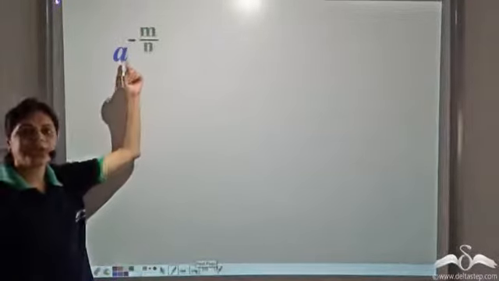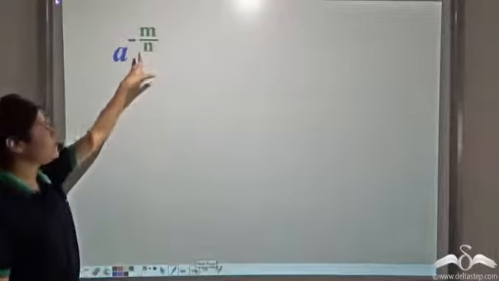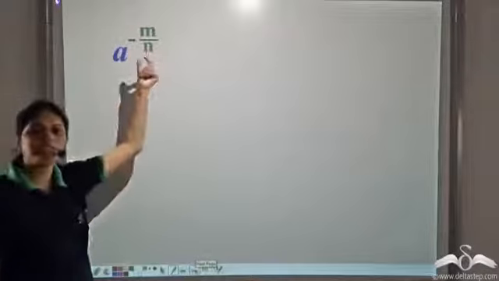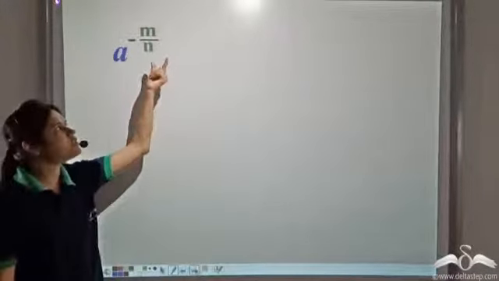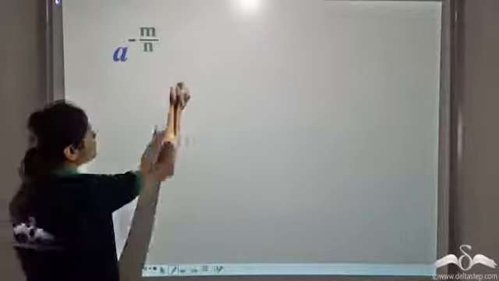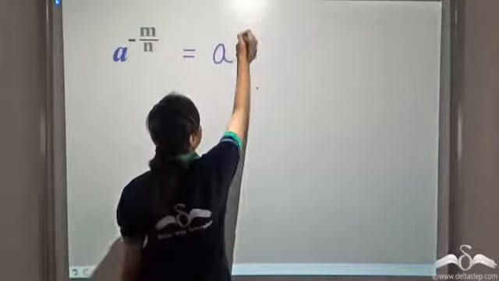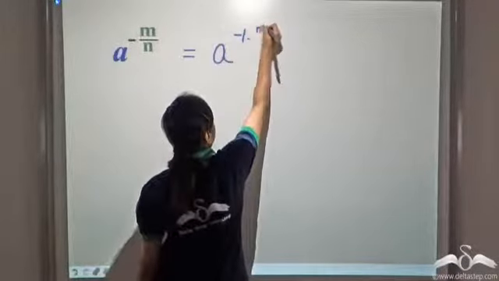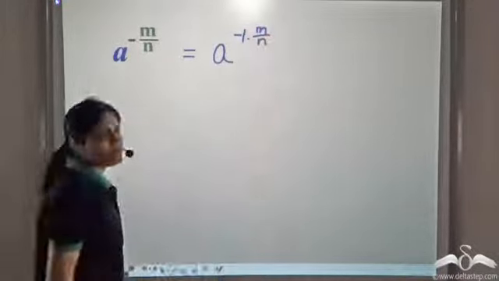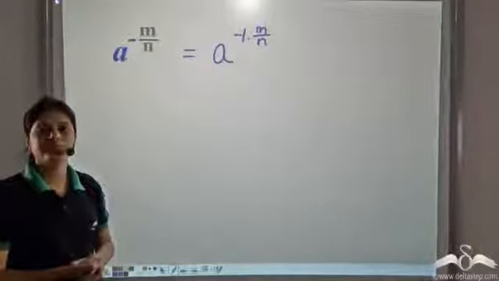Now a raised to the power minus m by n. So in this case, the exponent is a negative fraction. What is the meaning of such exponents? Well, this can be written as a to the power minus 1 into m by n, because minus 1 into m by n gives minus m by n.